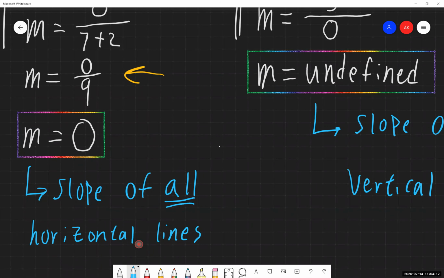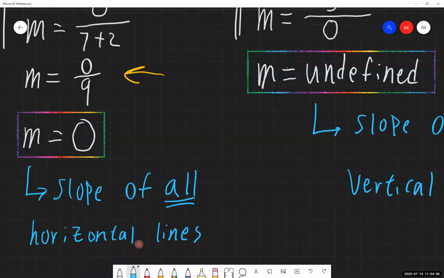So most lines that we're going to work with are going to have a numerical answer other than 0 and other than undefined. They could be positive, they could be negative, they could be fractions, decimals, whatever. All that's going to determine is a slope that is a line that actually has a slope to it. So they're going to be increasing, decreasing, something to that effect.